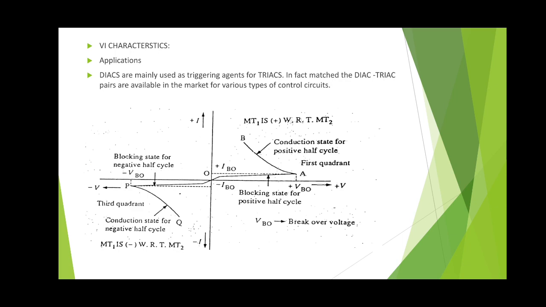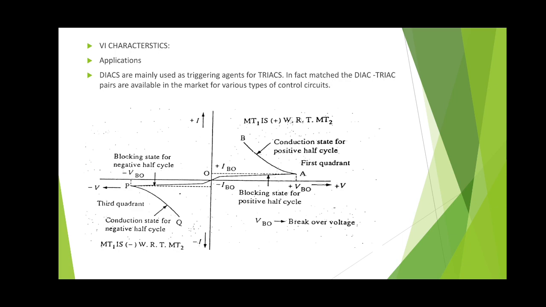This portion of the characteristics is represented as A to B in the figure and is called the conduction state. The value of current corresponding to point A is known as the breakover current, IBO. All these parameters are indicated in the VI characteristic.